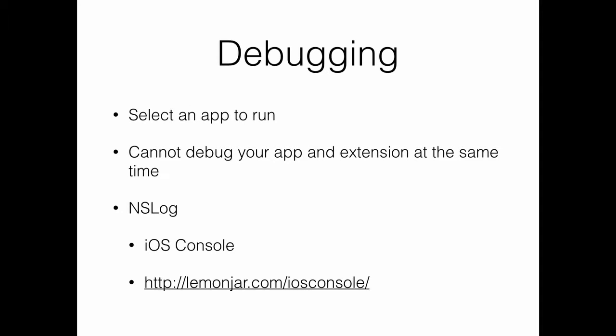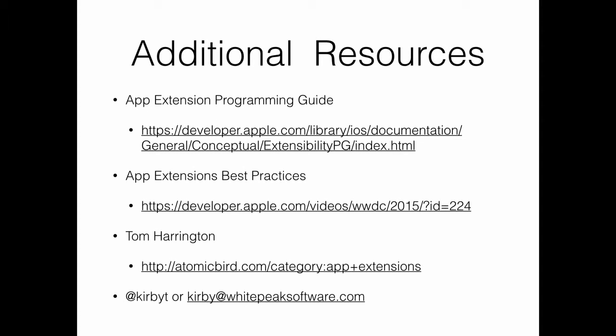It won't work with the simulator, but it will work with your device. You debug your containing app on your phone, and then from your phone you go into another app to launch your app extension, and now, through iOS Console, you'll be able to see all those log statements that come in from your app extension.